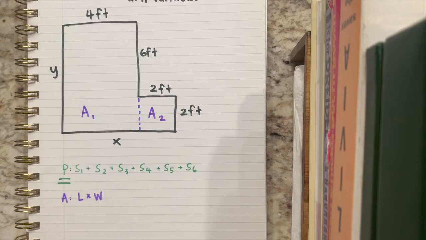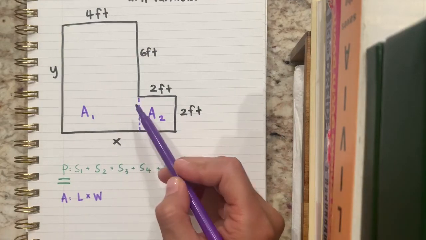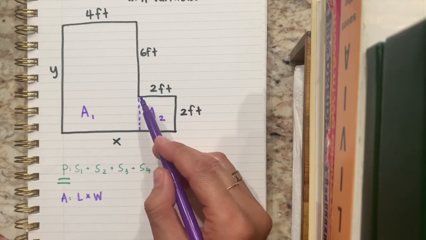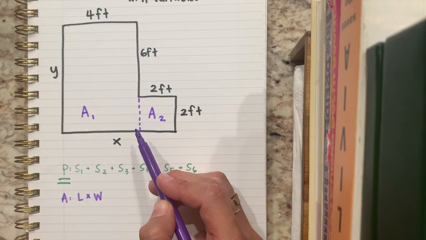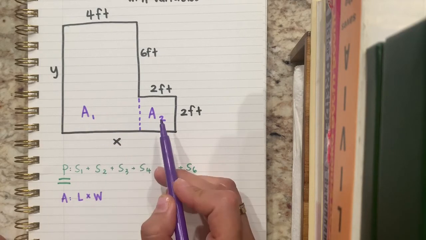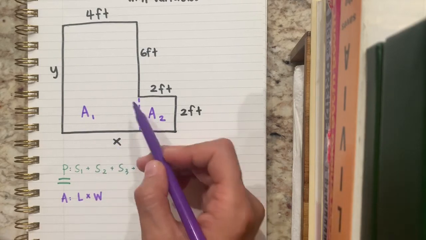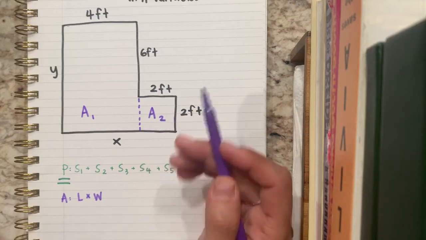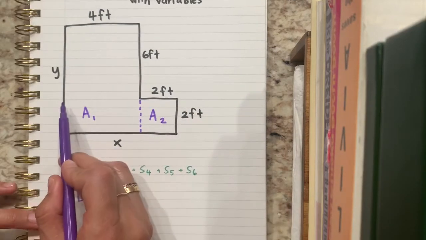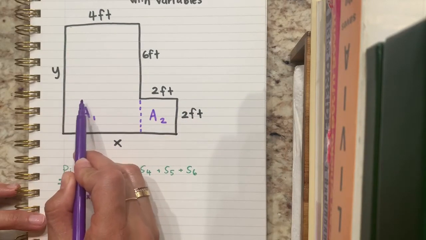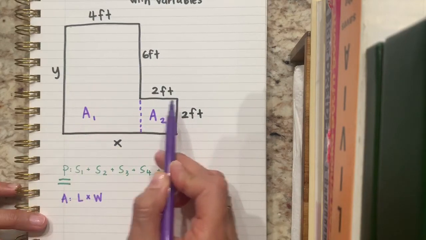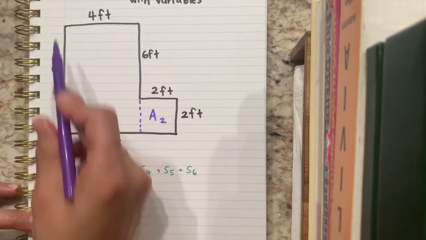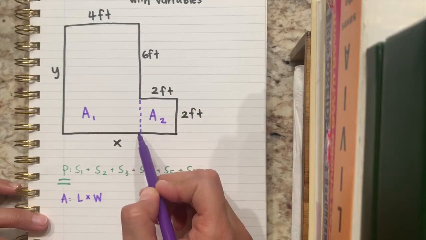Then we're looking for the area of this odd shape. And notice how I've drawn a dotted line here to separate this odd shape into 2 familiar shapes, right? I could have even done it in a different way. I could have drawn a dotted line here to make one long rectangle and one square-ish shape, but I chose to do it right here.